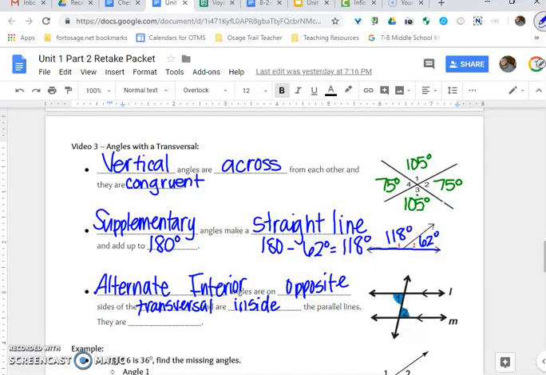Alternate interior angles are also congruent. So in this diagram, the alternate interior angles have actually been highlighted. They're angle 1 and angle 2.